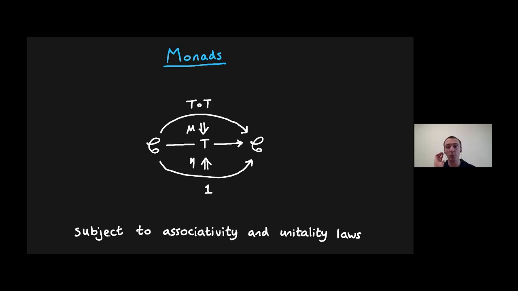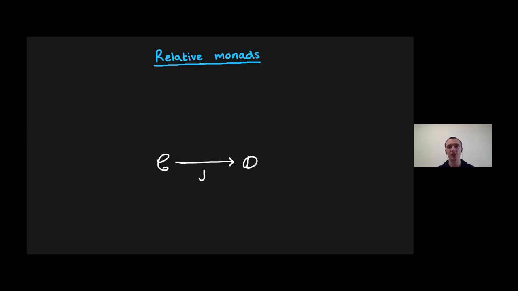So recall that a monad is some endofunctor, so some functor from C to C, equipped with a multiplication operation and a unit operation. And these satisfy some laws that essentially say that a monad is a monoid in the category of endofunctors. Now with a relative monad, we instead start with a fixed functor, which I'm calling J. And this is treated as some sort of "identity", in quotation marks, because it's obviously not the identity functor.